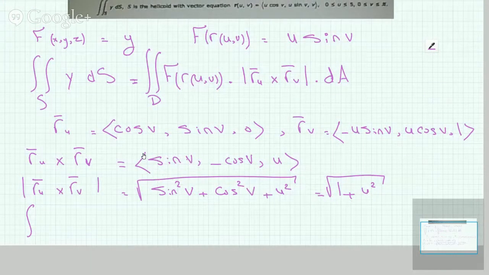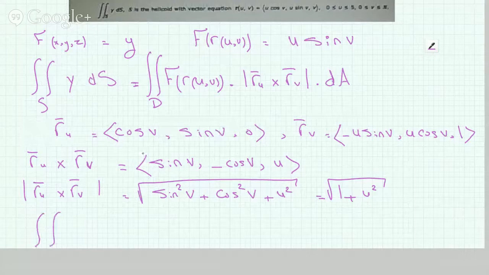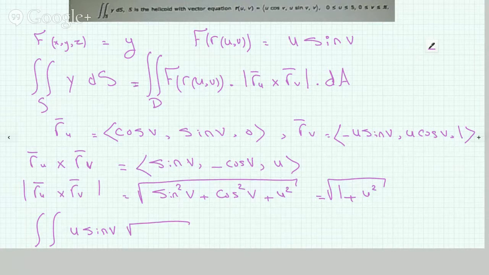We have y, which is u sine v, then the cross product magnitude, which is root 1 plus u squared.